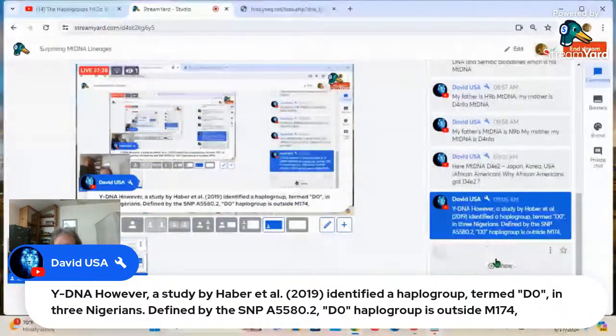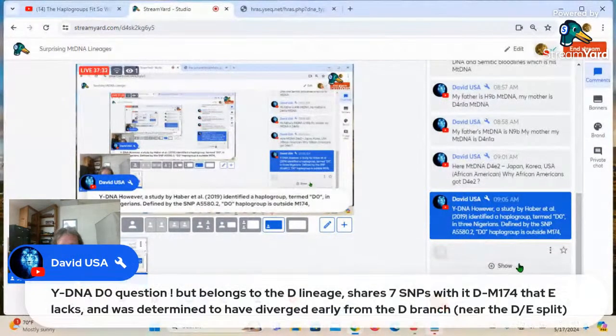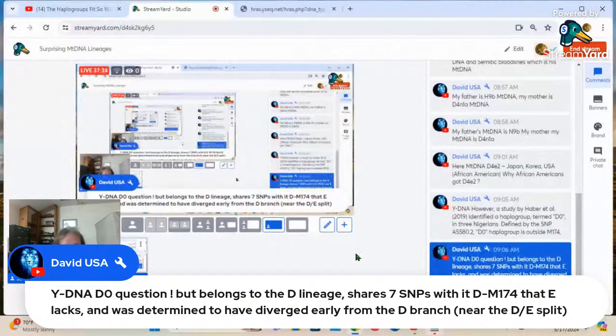I can't say that I understand it all or know it all, but as I'm learning, it's just so amazing. The DO question belongs to the D lineage, and shares 7 SNPs with the D. Of course, the Y DNA D is Sinite. The D lineage from the Y DNA is the Canaanite.